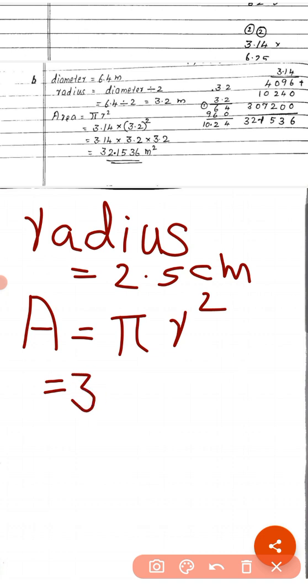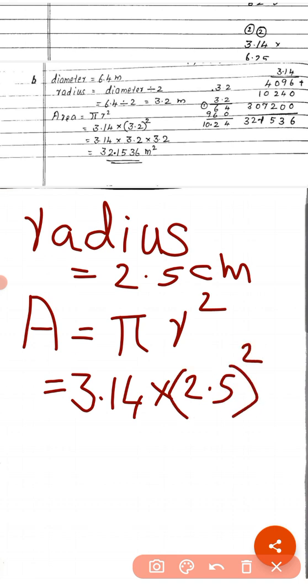Pi, the value of pi is equal to 3.14. Substitute the given value of R here, that is 2.5 the whole squared.